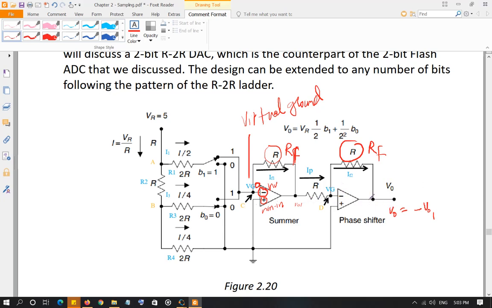Then the output of the inverting amplifier or phase shifter is negative Vout1. So we are just using the phase shifter over here to change the phase of the input of this amplifier. And the way it works is the same. No current goes inside the operational amplifier, so whichever current is coming here at virtual ground at node D is just going to be diverted through the feedback resistor towards the output node.